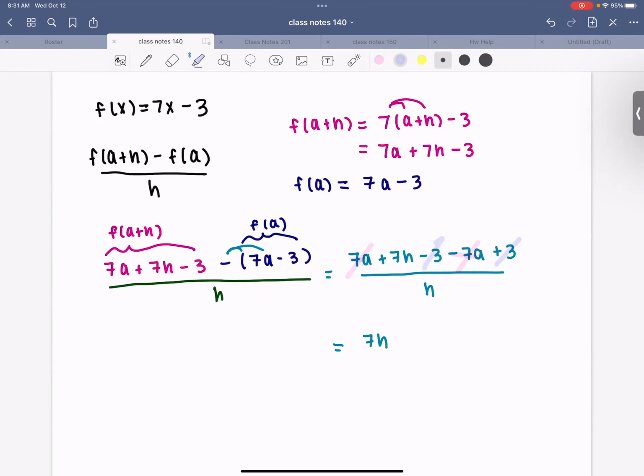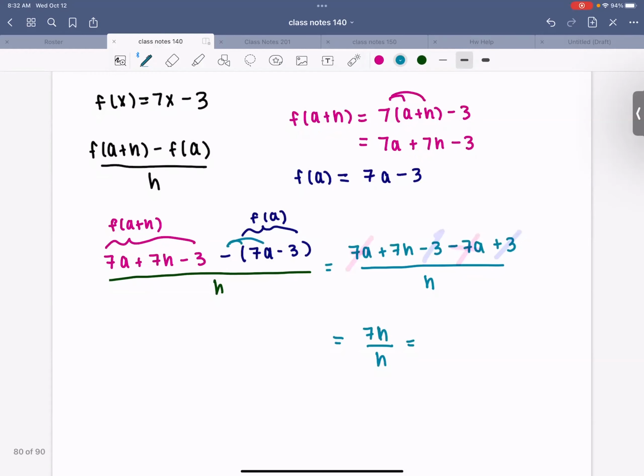So all I'm left with on the top is 7h. On the bottom, there's an h. What can I do now? I don't think you can do 7h for h, but I think I heard it. Yeah, you can just cancel out the h's, right? That was easy. Way better than that, right? So our answer is actually just 7.